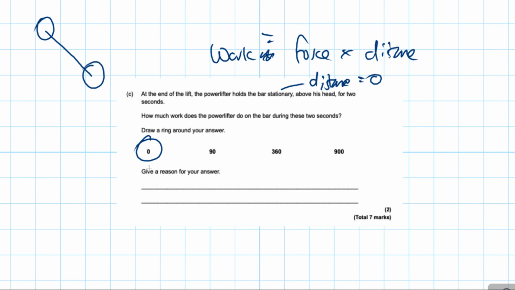And the reason why is because work is only done on the bar when the bar moves. Or something to that effect, something talking about how the distance is 0 and it's stationary.